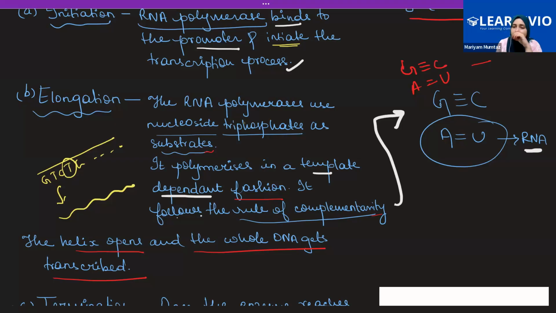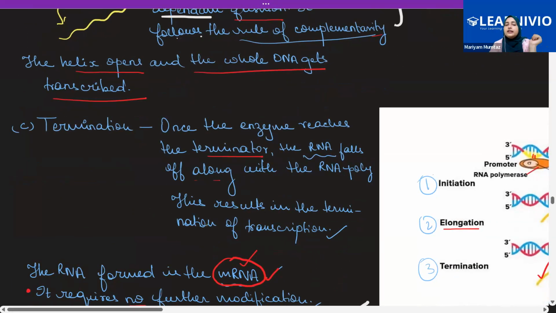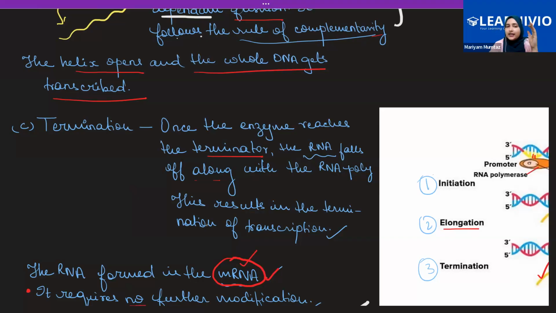So, during transcription, the DNA helix is going to open and then the entire DNA is going to get transcribed very nicely. Now, the last step will be termination, when this whole process comes to an end. So once the enzyme reaches the terminator, what happens? The RNA that is formed will fall off along with the DNA-RNA polymerase.